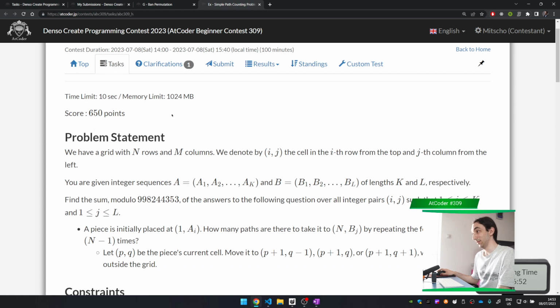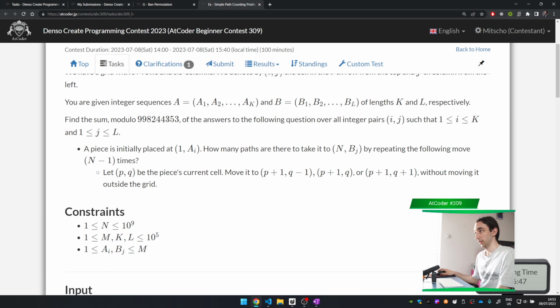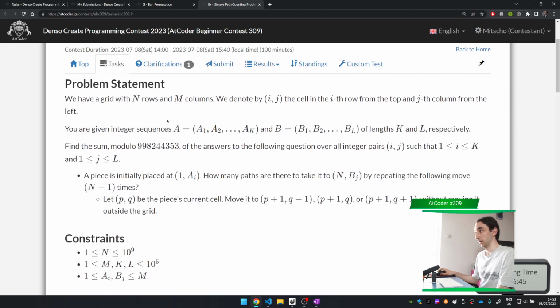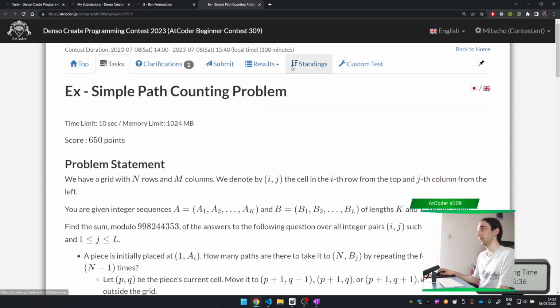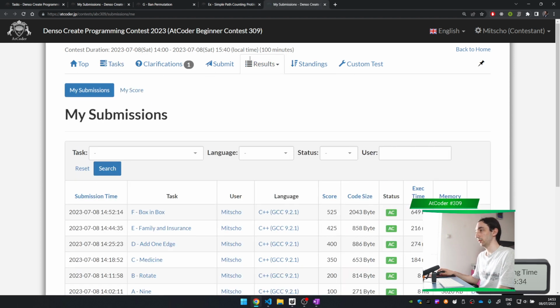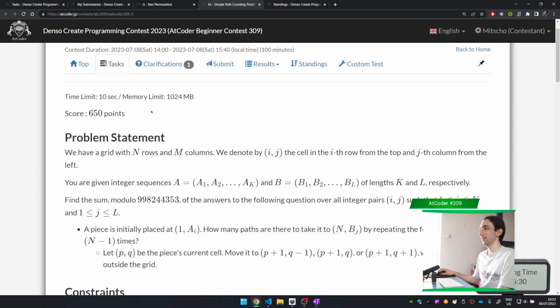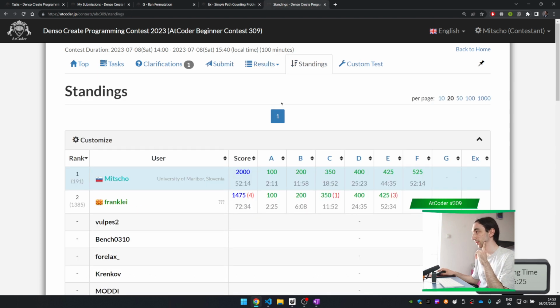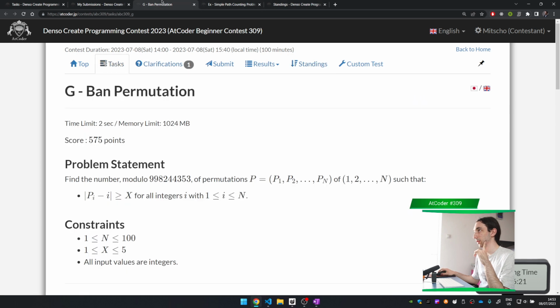Simple path counting problem is definitely not a simple counting problem, but I mean, it could be simple enough. I'm not sure. But 10 seconds? Oh no, this is some kind of FFT or something.